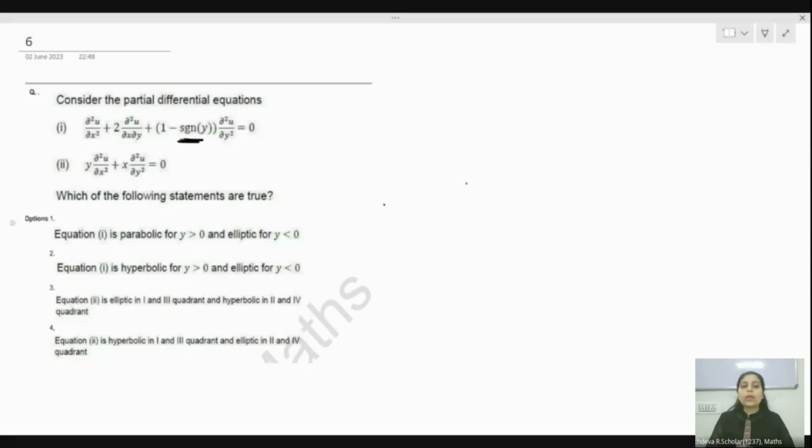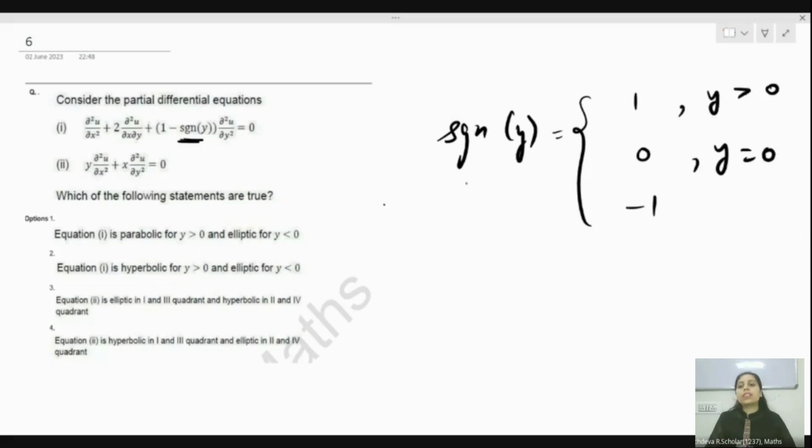Many of you may not know this function. What is the signum function of some variable y? It will give you a value of either 1, 0 or minus 1: 1 for all positive y, 0 when y is equal to 0, and minus 1 when y is less than 0.